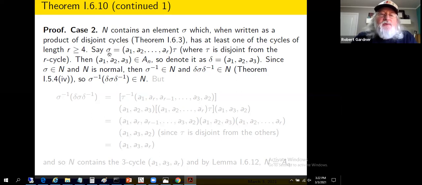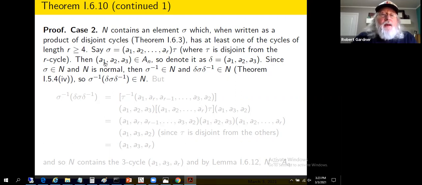So that is, sigma is a cycle of length r, where r is greater than or equal to 4, times some tau. Here's one cycle, A1 through A sub r. Well, tau itself may consist of several cycles, but anyhow, we can make tau disjoint from the r-cycle. Again, we can write things as disjoint cycles.